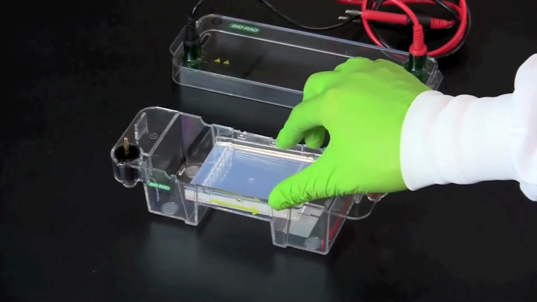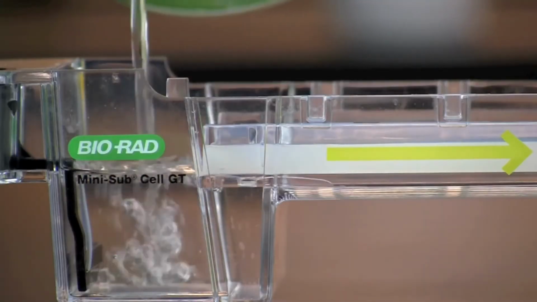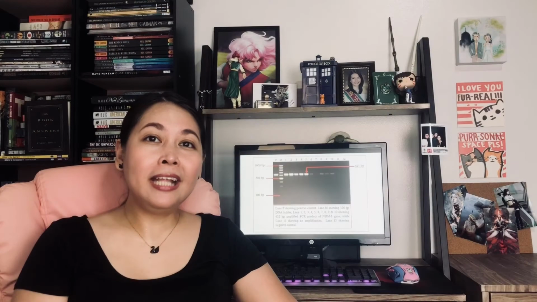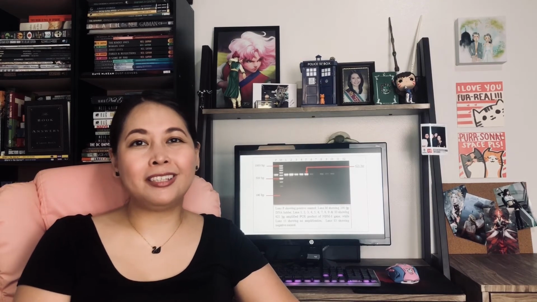To confirm your success, you run a portion of your PCR solution through a process called agarose gel electrophoresis, where electricity is used to make the negatively charged DNA fragments move across a gel matrix to separate them by size. By looking at the agarose gel under UV light, you will be able to check if you were able to amplify the correct region.